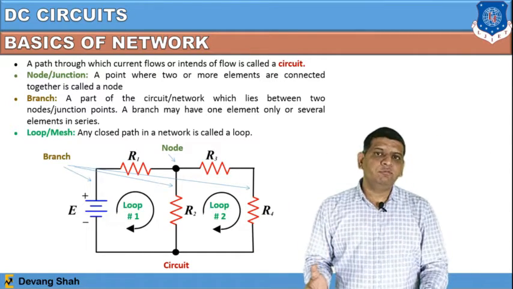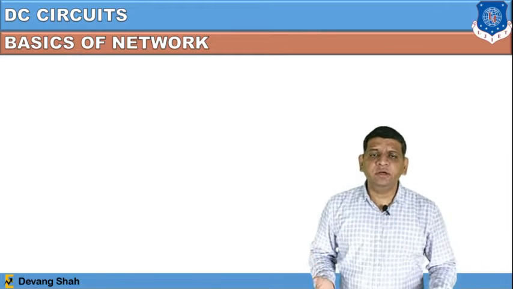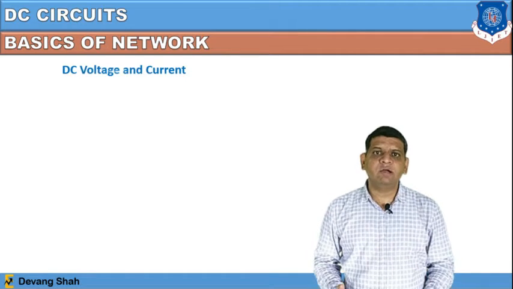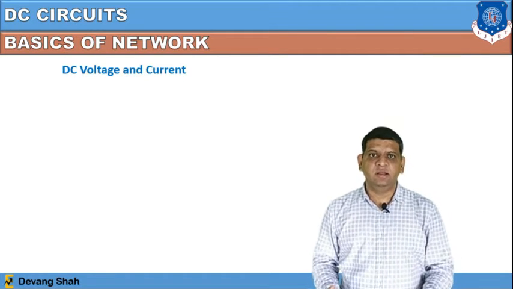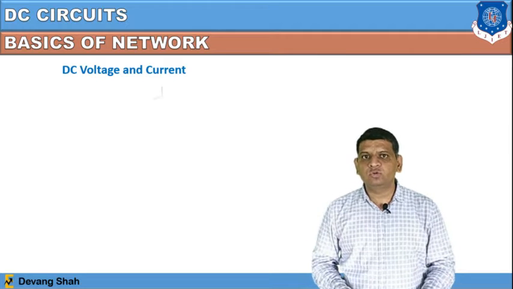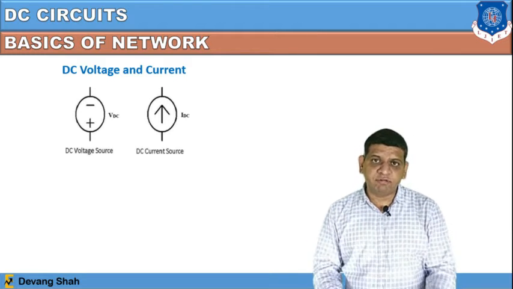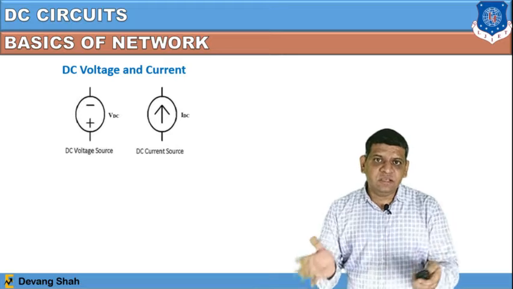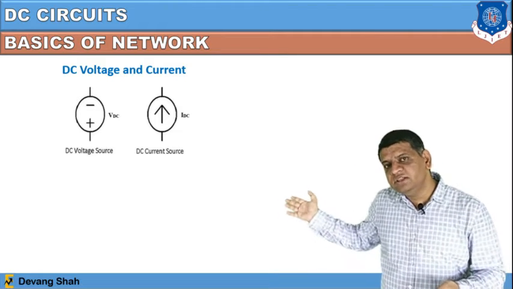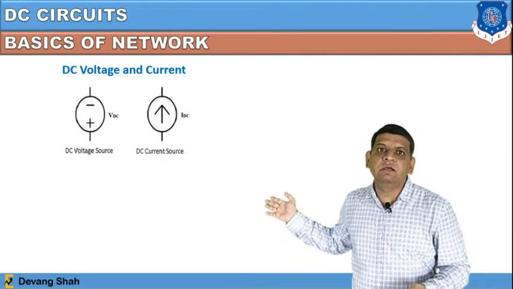Now, what kind of different sources can you connect with the circuit? Let's say the DC voltage source and current source. You can see here the symbols of the DC voltage source and DC current source.